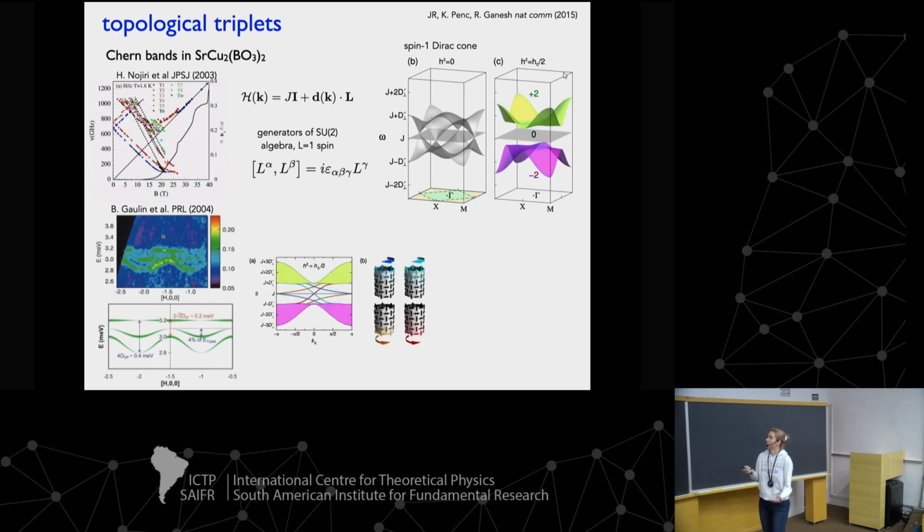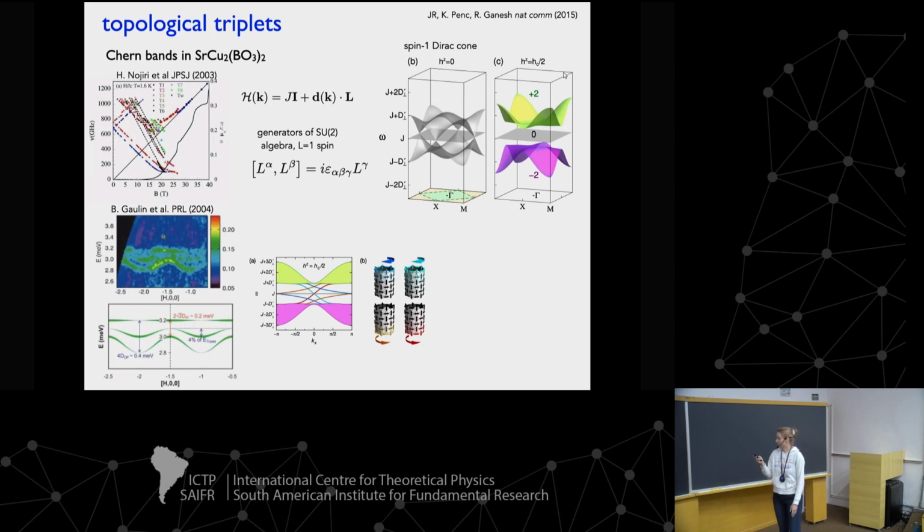If you look at an open system, then of course we would have edge modes, and because these are larger spins, spin 1, we have larger Chern numbers plus and minus 2, and correspondingly 2 edge modes propagating in one direction and 2 in the other direction.